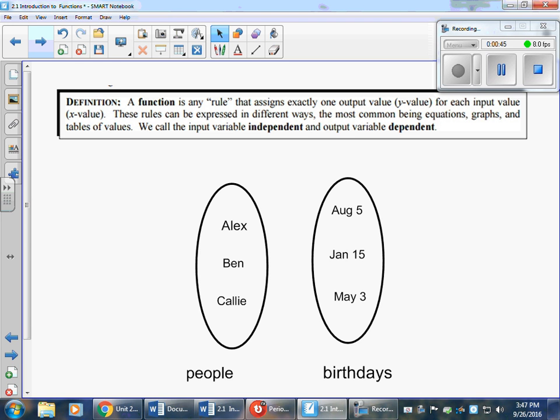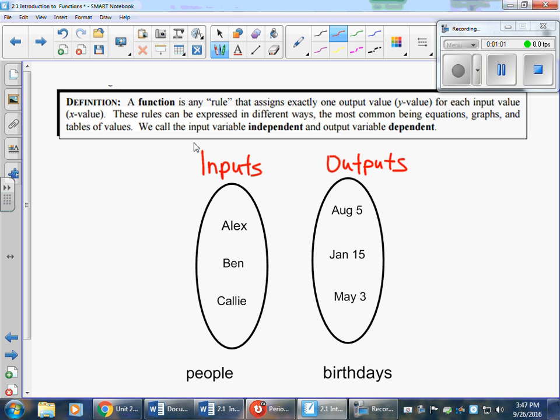Now, I like to think about this as thinking about a map where the inputs are the people and the outputs are the birthdays. So, this map here are the inputs and the outputs. And if you think about it, Alex might have a birthday of August 5th, Ben has a birthday of January 15th, and maybe Callie has a birthday of May 3rd.